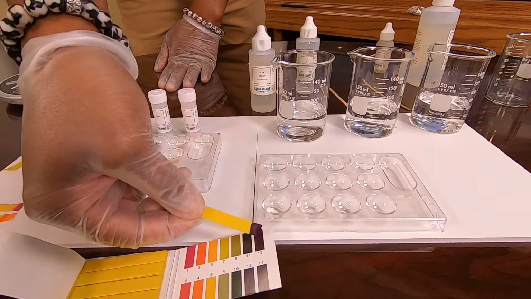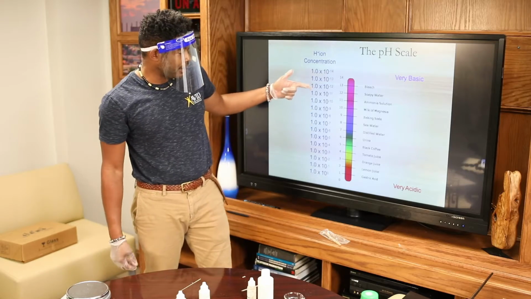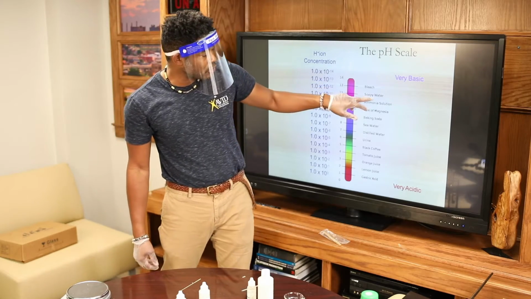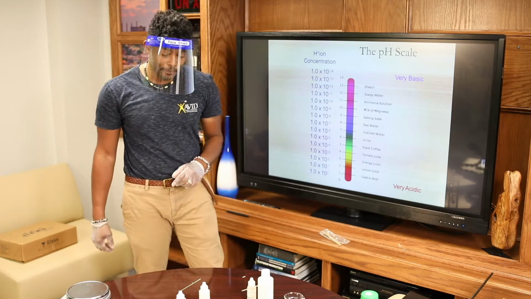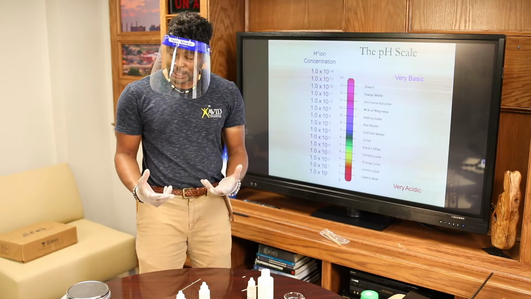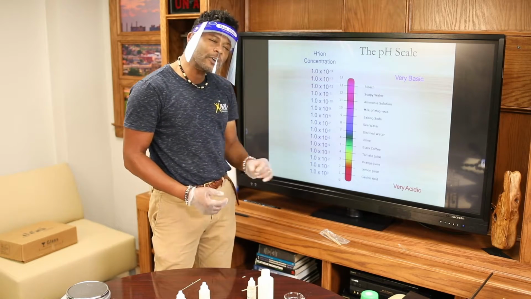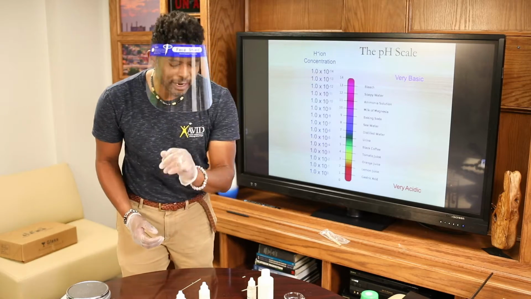This is like a 13 to 14, so we're up here, around soapy water or bleach. One thing that's great about pH paper is it tells you where your solution falls, but it also gives you an idea of how strong it is.